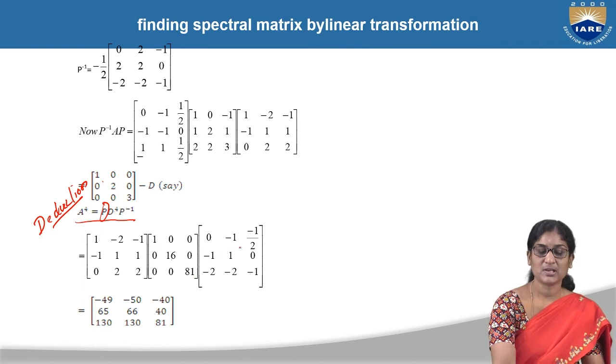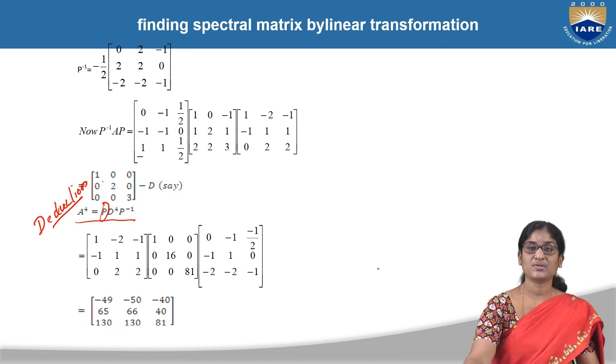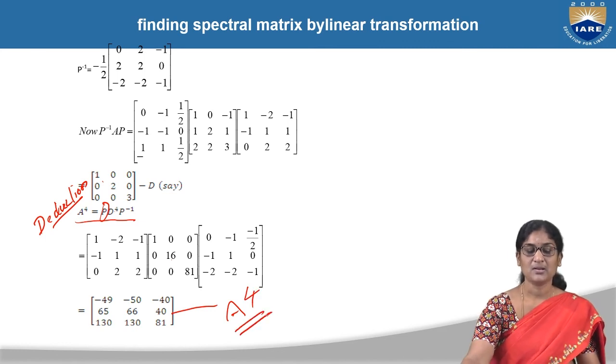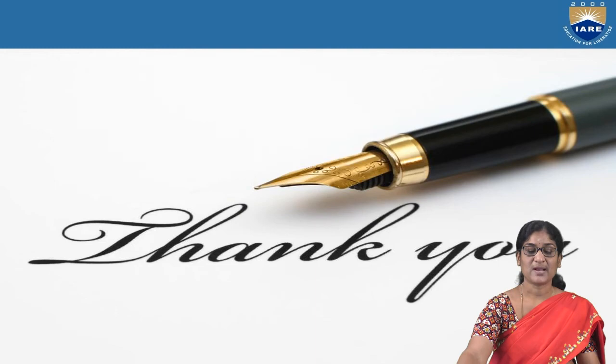After multiplying these three matrices, we get minus 49, minus 50, minus 40, 65, 66, 40, 130, 130, and 130. So this is the A to the power of 4 that we have found by using the diagonal matrix, that is the spectral matrix. Thank you.